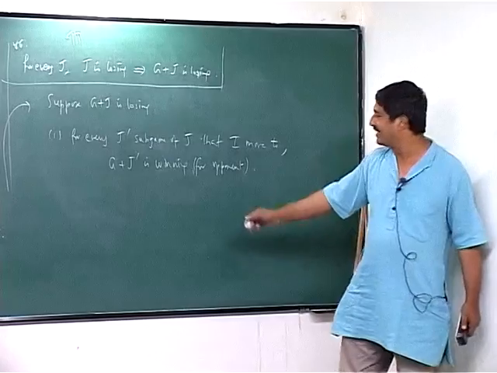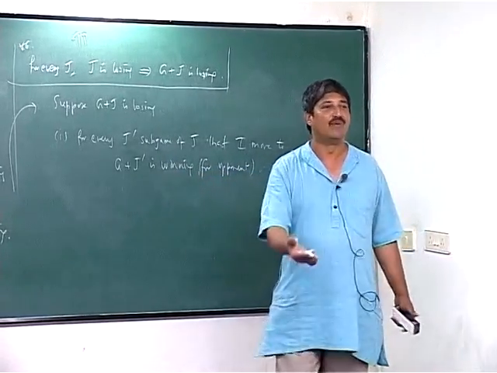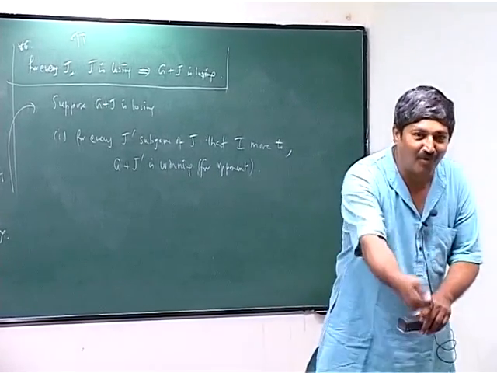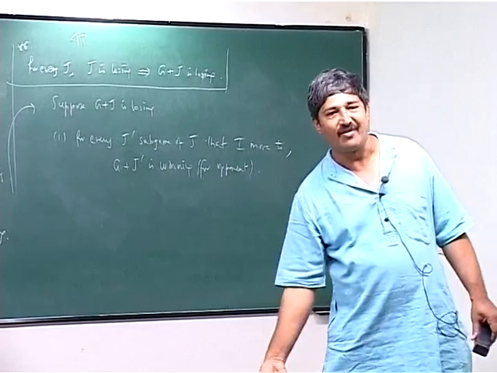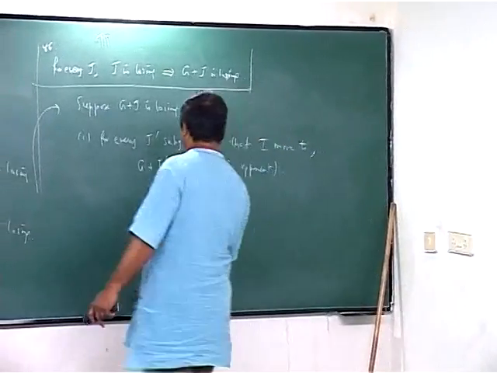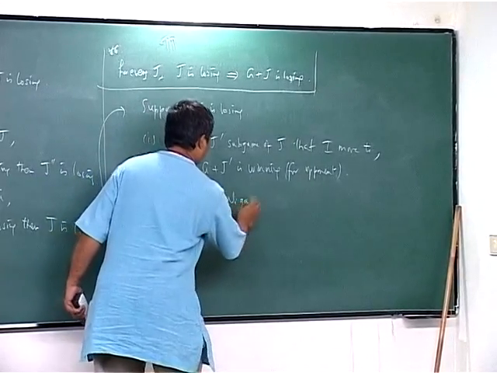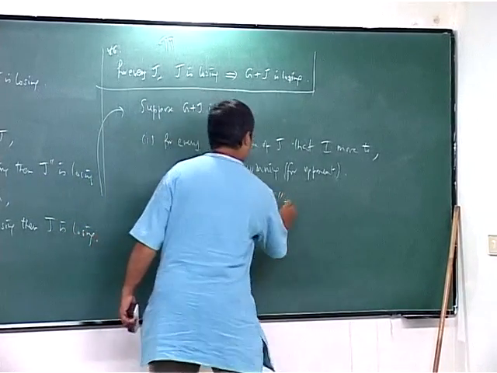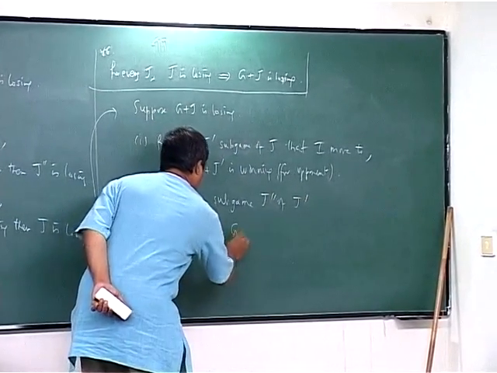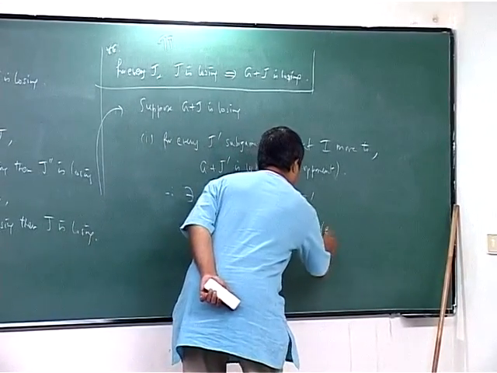What does it mean to say that G plus J prime is winning for the opponent? When is a game winning for a player? There is a way of moving to a subgame which is losing for the opponent's opponent, which is me, right? That means there exists a subgame J double prime of J prime such that G plus J double prime is losing for me.